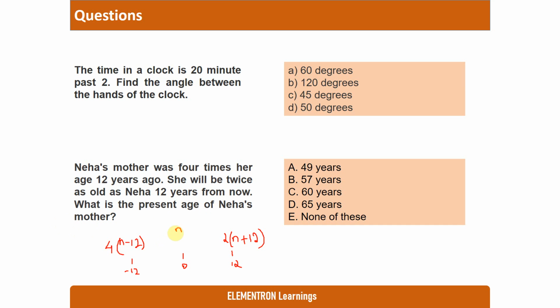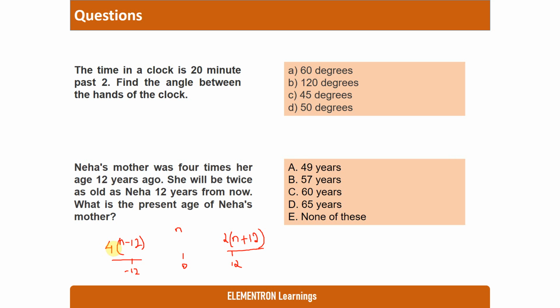First we have to calculate the value of n, so that we can substitute in either of the equations and calculate the mother's age at timeline 0. If we check these equations, there is only one unknown, that is n. So we calculate n, then we can directly calculate the age of Neha's mother.